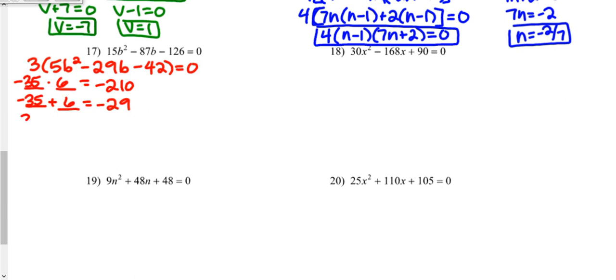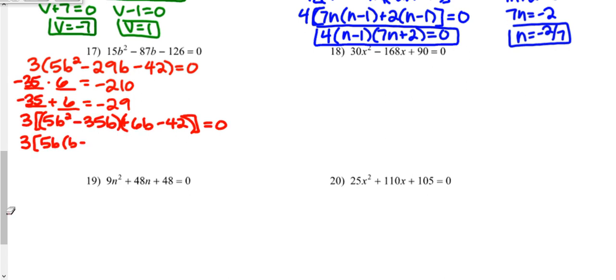So now we're going to rewrite our quadratic with those numbers. And then group. And then look for your common factors in each of those groups. And then write your final factored form.